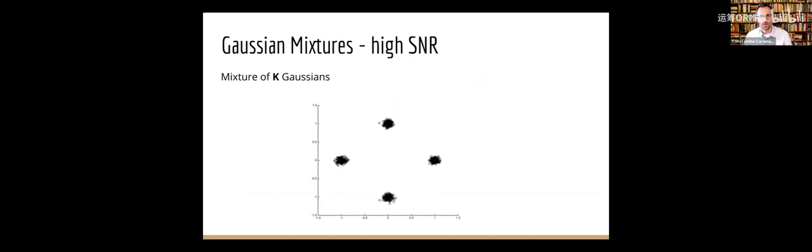And the picture is in some ways pretty simple, especially for Gaussian mixtures. If we're in the very, very high SNR case, then we expect that we should really have something like this. We have a setting like what's pictured, where there's really no contamination between one cluster and another. There's no leakage, is a word that I'll use. Leakage meaning there are no points from one cluster that are closer to another.